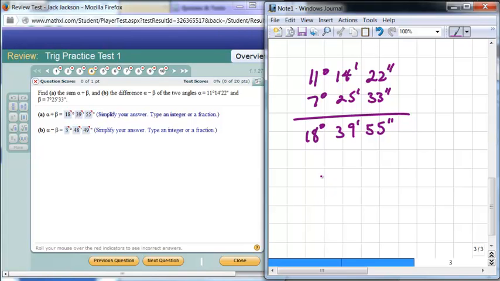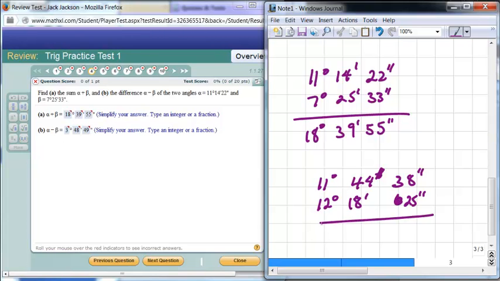Let me make another one here just to show you what would happen here. What if it was 44 minutes, 38 seconds, 12 degrees, 18 minutes, and 25 seconds. Okay, 5 and 8 is 13. Carry 1 and you get 60 here.